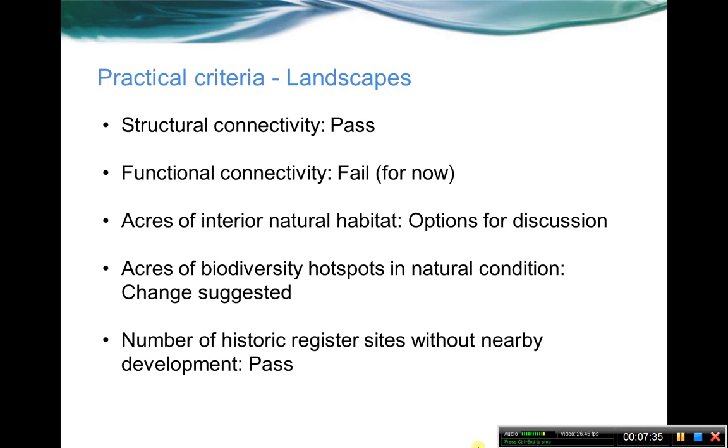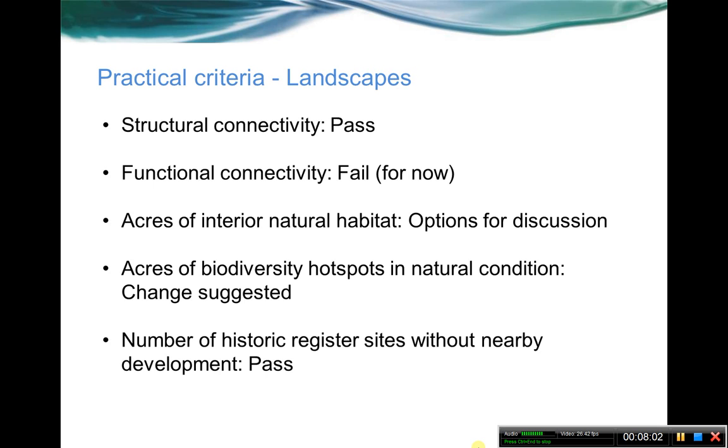So we have a small change suggested in that one related to making these climate resilient biodiversity hotspots instead of just biodiversity hotspots in general, and using some of the TNC resilience work. So more details on that in the larger document. And again, all of these have links to the GIS data on the planning atlas, so you can take a look at some of these different options.